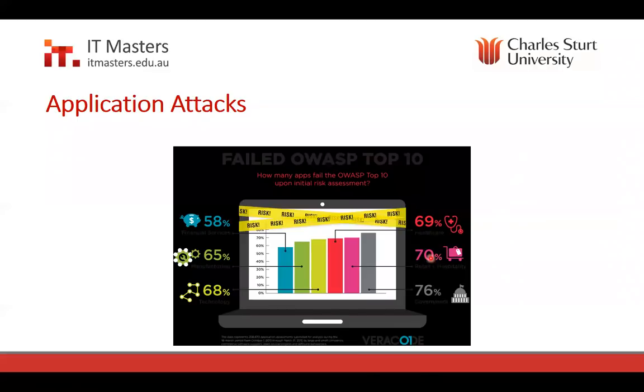So that means that of that top 10, government organisations have seen 76% of them. Okay, if that makes sense. Retail and hospitality see 70%. Healthcare, 69%. Financial services, 58%.